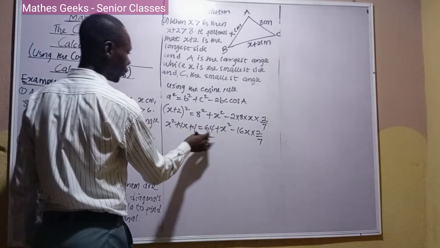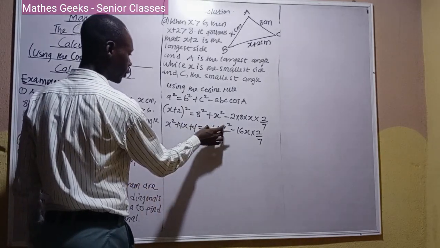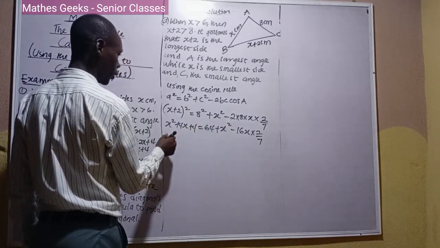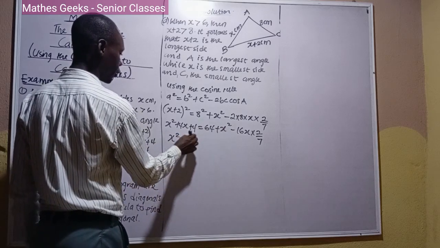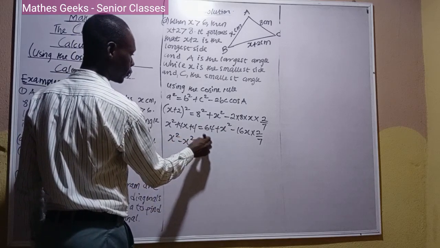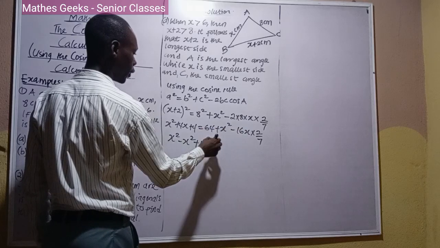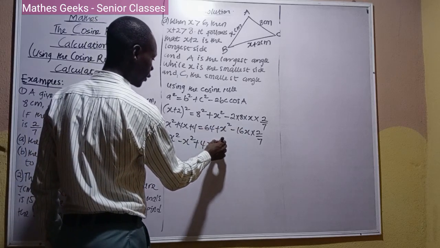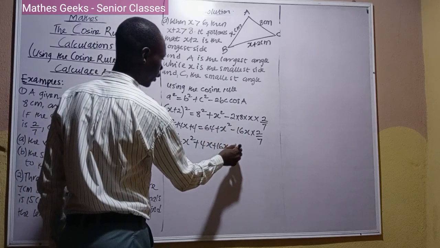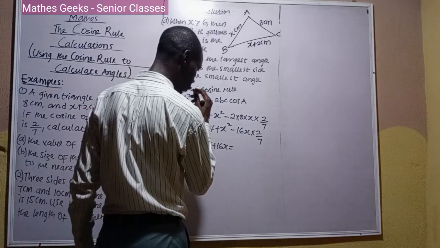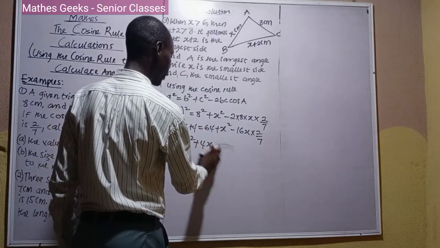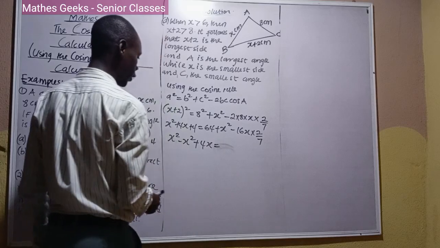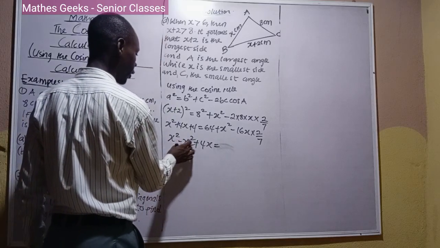So from here we have x squared plus 4x plus 4 equals 64 plus x squared minus 16x times 2 over 7. Move x squared over to this side, we have minus x squared. Then bring this one over here. You cannot move 16x because it's multiplied, so let's do this first. x squared minus x squared cancels, and you have 4x.